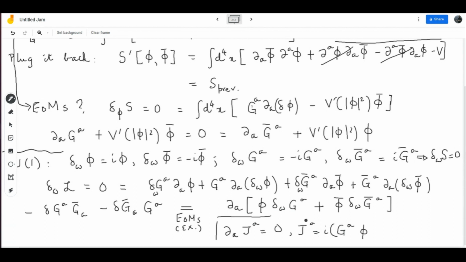Phi. Yeah, this should be a minus sign. Phi minus G bar A phi bar. Some mistake here. Hang on. No, this is an overall sign problem which I don't understand.